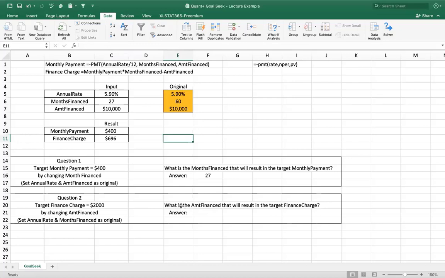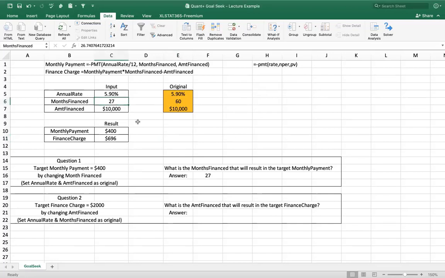Now for question 2, what is the amount financed that will result in the target finance charge? The target finance charge is $2,000 by changing amount financed, set annual rate and months financed as original. Okay, so what I'm going to do is make sure the annual rate is the same as original, 5.90%.